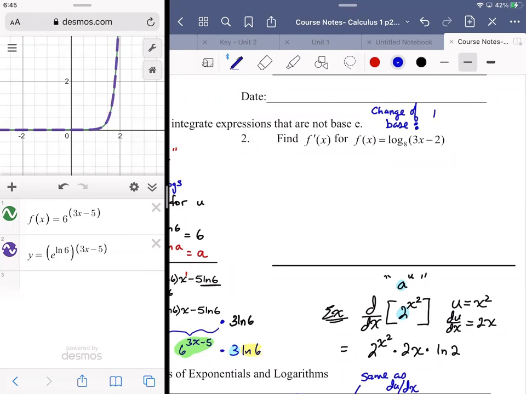So let's say we have log base a of some argument b. Our change of base to get it into natural log form would be the natural log of b divided by the natural log of a. Or, a little bit more usefully, 1 over ln of a times ln of b.